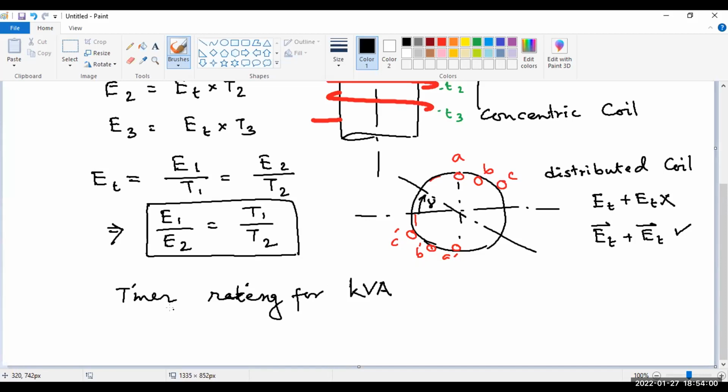Because sometimes we will be confused where the input side is mechanical and the output side is electrical, and sometimes the input side is electrical and the output side is mechanical. For a transformer, both sides are electrical, isn't it? You are giving electrical input, you are getting electrical output. Am I right? Yes, sir.